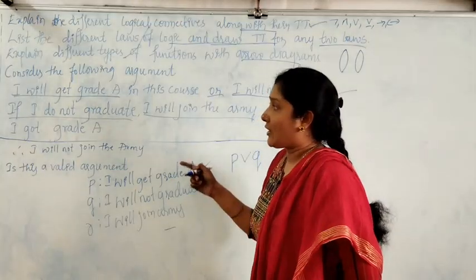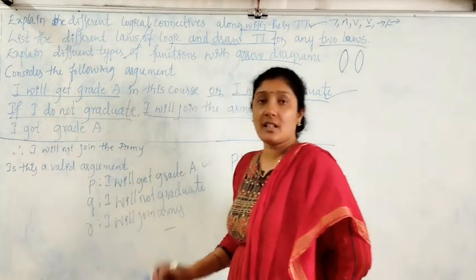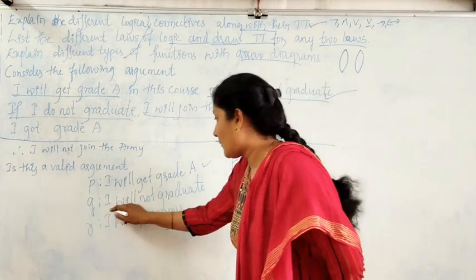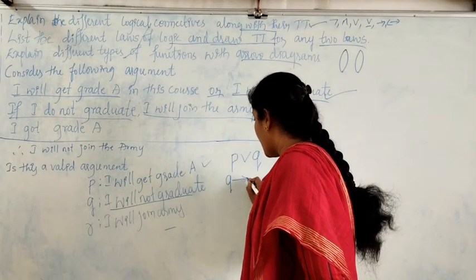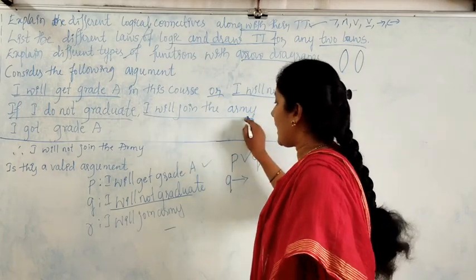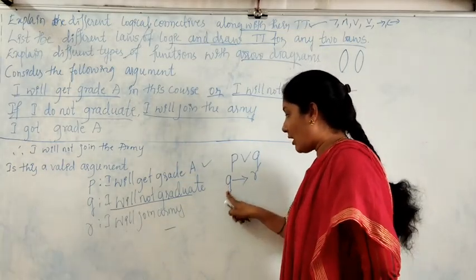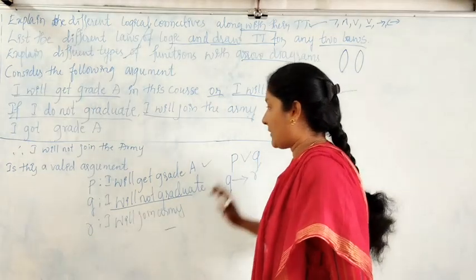Next, if I do not graduate, see, if word is used here, that means it is conditional. If I do not graduate means Q, then I will join the army, that is R.